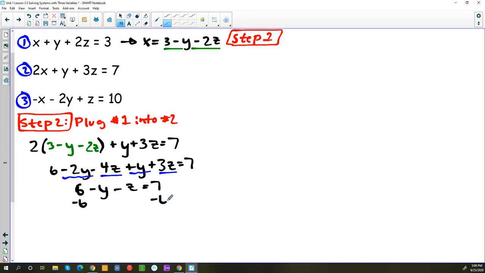Subtract 6 on both sides. So that means we're working with negative y minus z is equal to 1. We're going to note this as equation number 4 for reference.